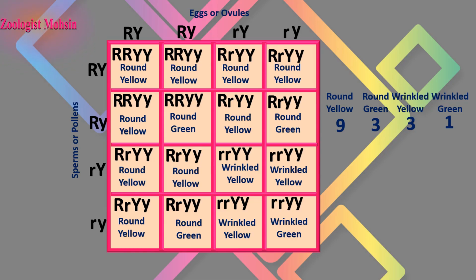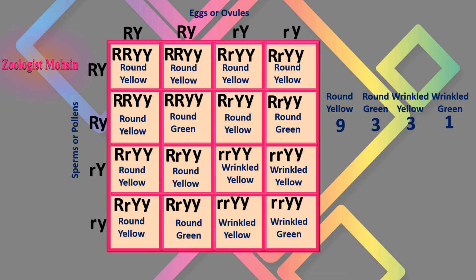That is the phenotypic probability in the next generation: 9 out of 16 will possibly be round yellow, 3 out of 16 will possibly be round green, 3 out of 16 will be wrinkled yellow, and there is a possibility of only 1 in 16 that will be wrinkled green.